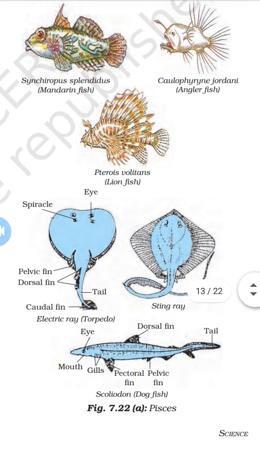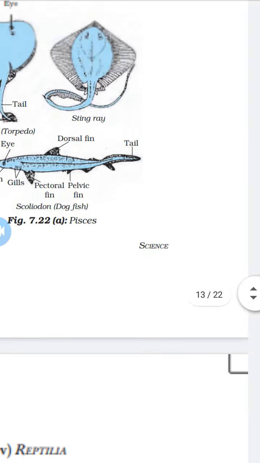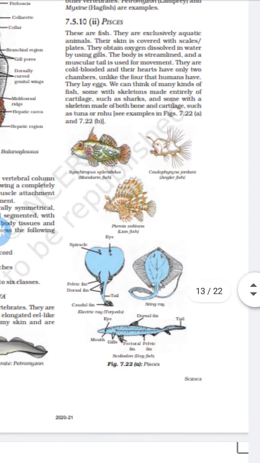Next we discuss Pisces. These are the fish, and they are aquatic animals, and their skin is covered with scales. Pisces obtain oxygen dissolved in water using the gills.